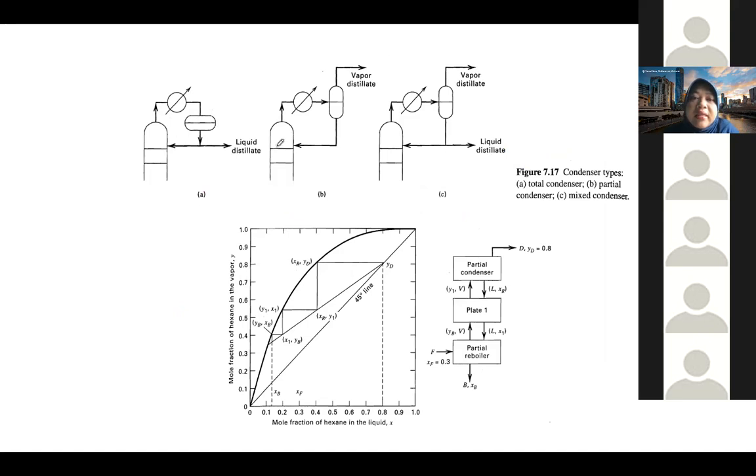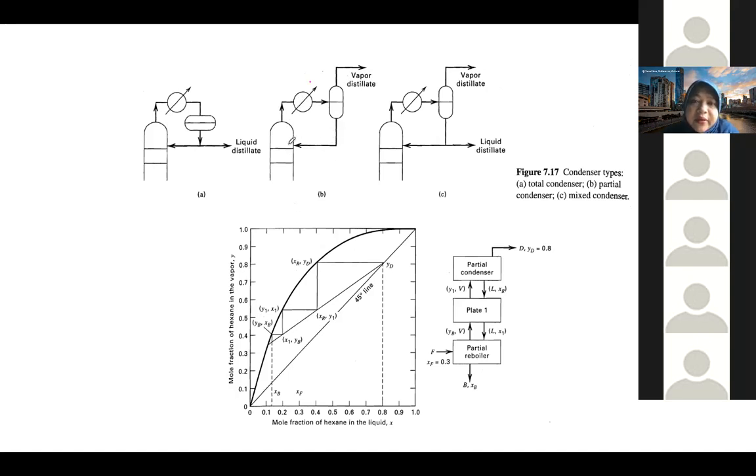Okay, the second one is the partial condenser. In a partial condenser, some of the vapor is condensed and we leave it in equilibrium here. So here there is an equilibrium, one stage of equilibrium, where the vapor we collect as the distillate, and all the liquid is turned back into the distillation column.